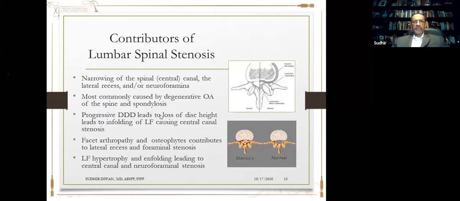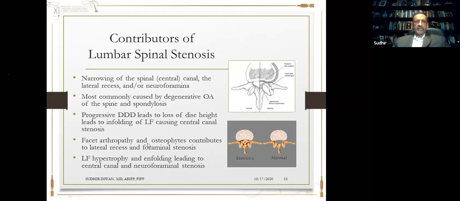Now, putting all this together, the contributors to lumbar spinal stenosis are narrowing of the spinal canal, the central canal, the lateral recess, and the neural foramen. Most commonly it is caused by degenerative osteoarthritis and spondylosis, but that is the result of progressive degenerative disc disease, because the disc height between the vertebrae narrows, and then it puts pressure on the posterior column, and then you have osteoarthritis and other issues.